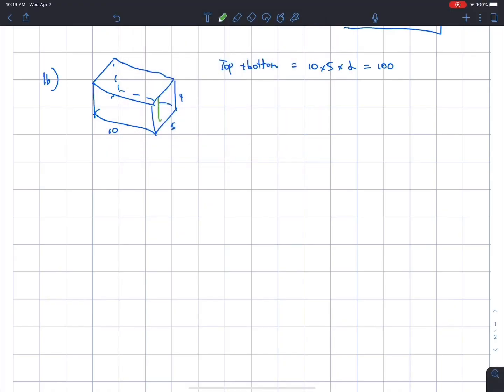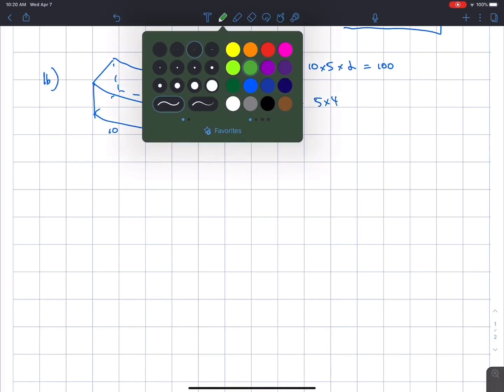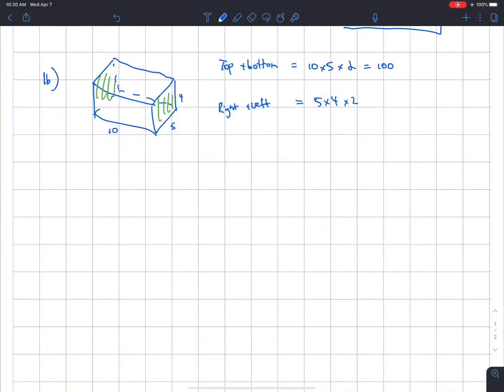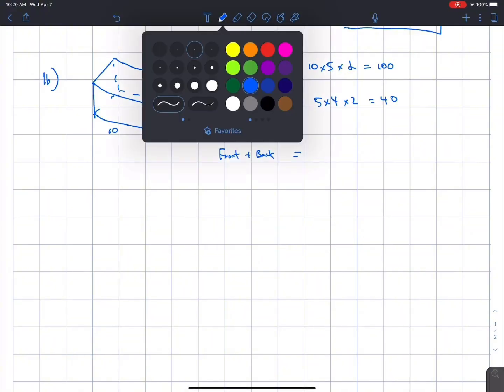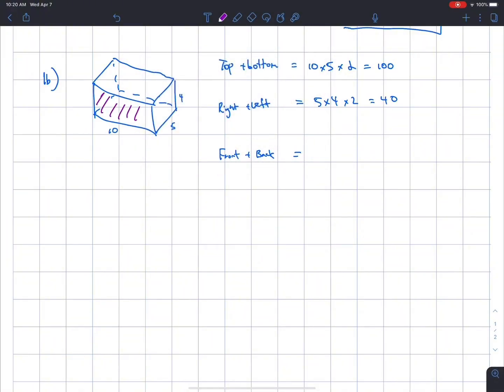And then the right piece is 5 times 4. So right and left, we have 5 times 4. Because the left-hand side is exactly the same, we can just multiply it by 2. So 5 times 4 times 2, and we get 40. And then finally, we have front and back. The front piece is a 10 times 4.